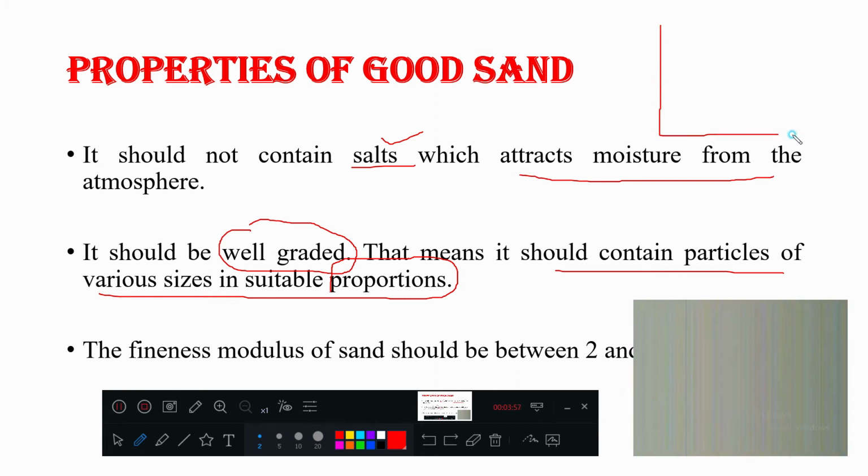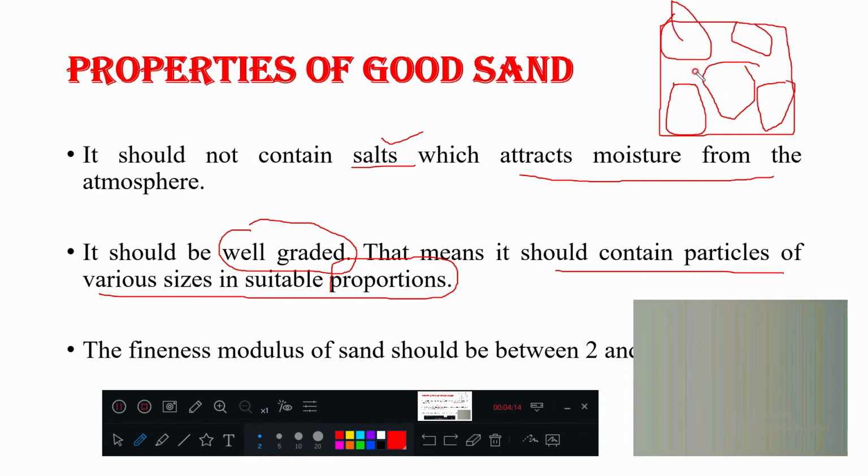Suppose you take 1 kg of any sample, it should contain almost different types of sizes. If almost all particles are of the same size, what will happen? It will create larger voids. Voids means empty spaces will be more. Only one size, so this type is called poorly graded.